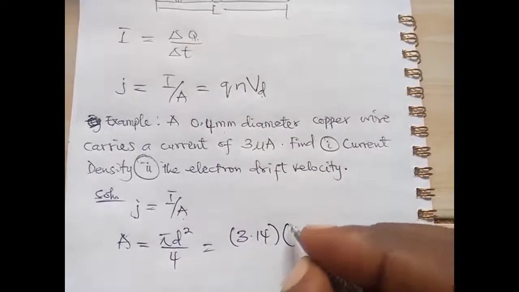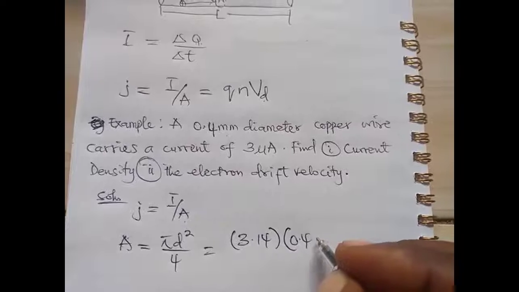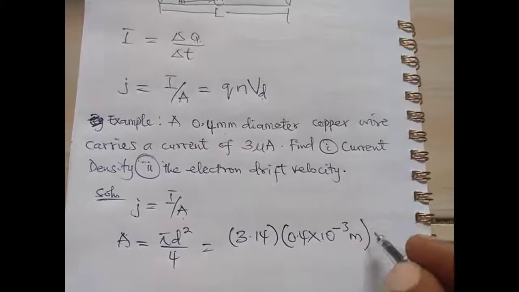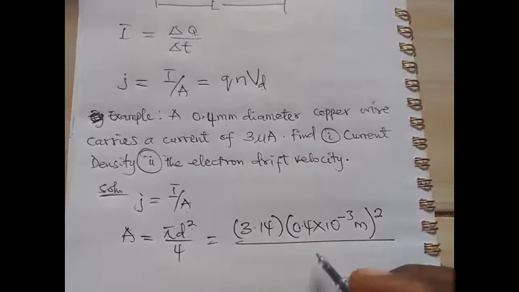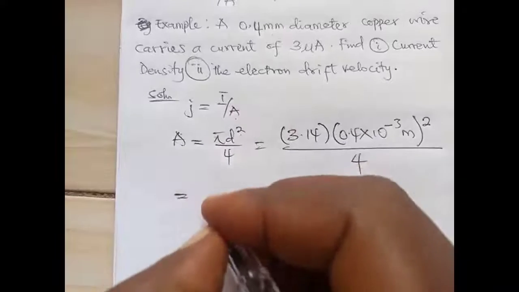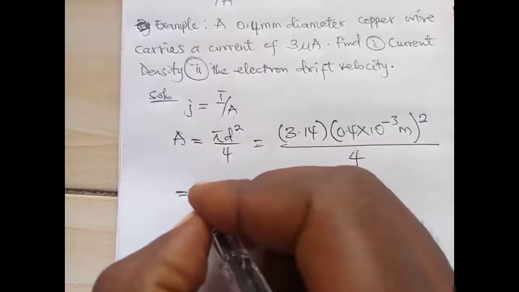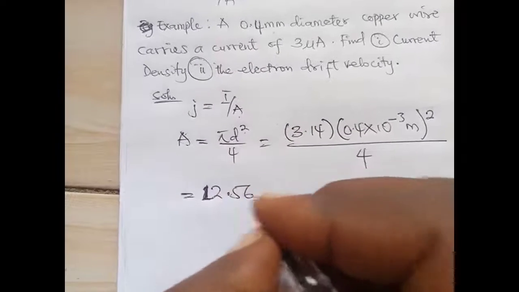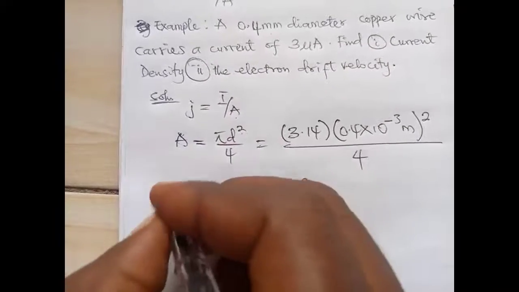If we convert to meters, we will have 0.4 divided by 1000, which is times 10 raised to power minus 3, now in meters, squared, all over 4, and we press the calculator. So the answer to that area is 12.56 times 10 raised to power minus 8 meter squared.